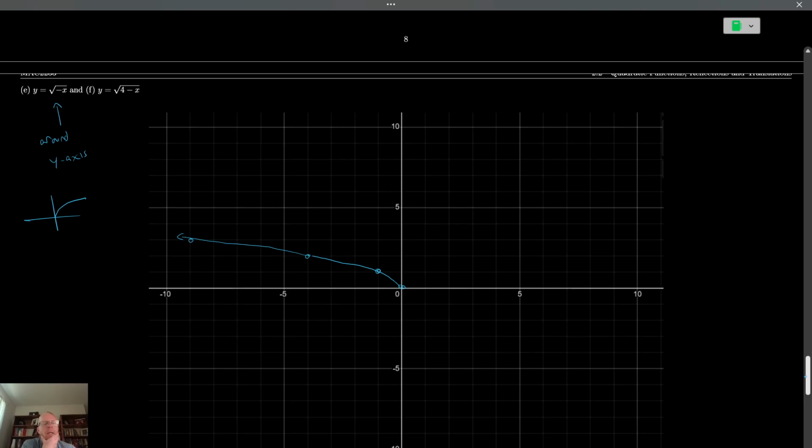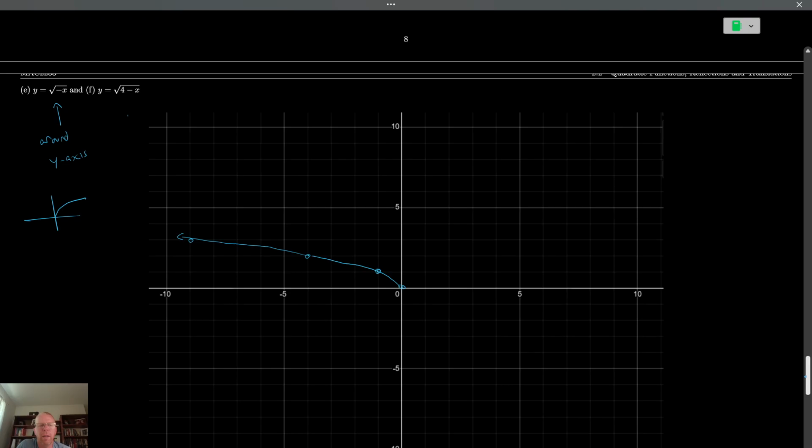All right, now what about this one? Let's see how we might do this one. I might not even worry about the reflection on this one, but I guess we could. I'll show you a different way. This one's a little bit trickier at first.